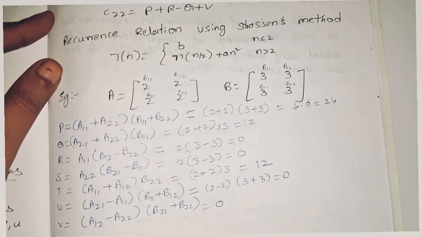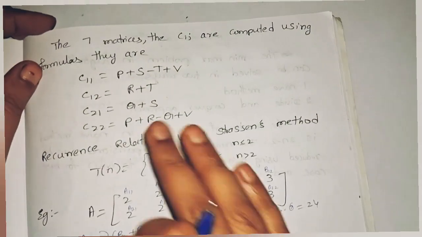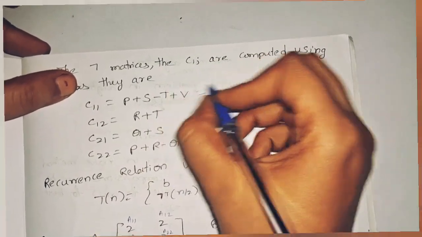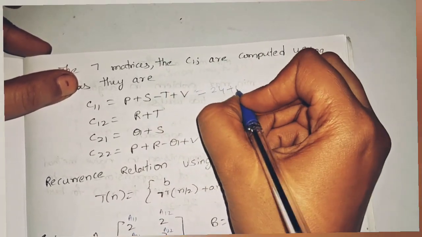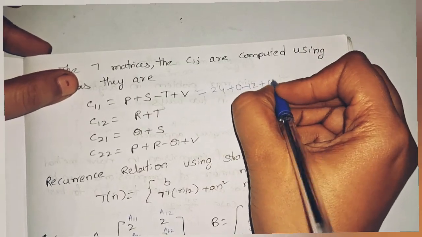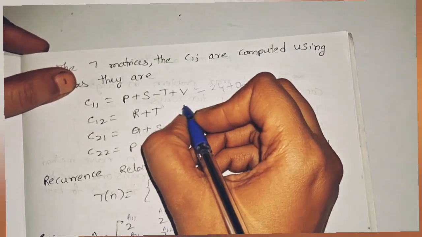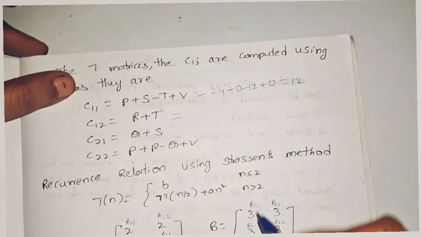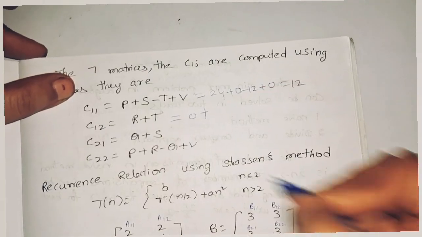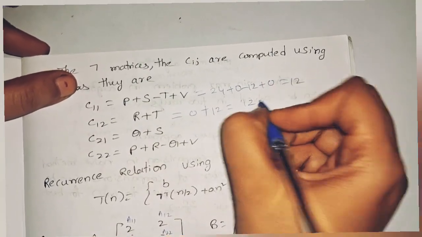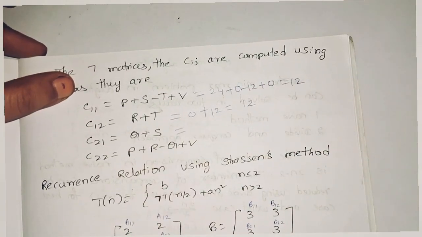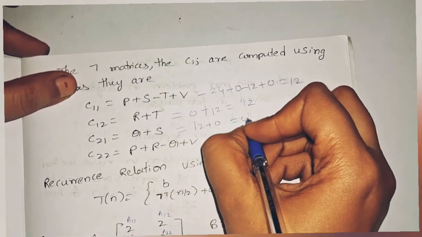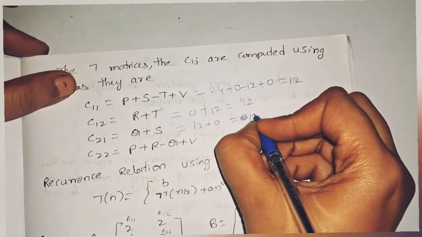So now these values are substituted in this equation. C11 equals P plus S minus T plus V, so 24 plus 0 minus 12 plus 0, that is 12. Next, R plus T: R is 0 and T is 12, that is 12. Next, Q plus S: 12 plus 0, so 12.